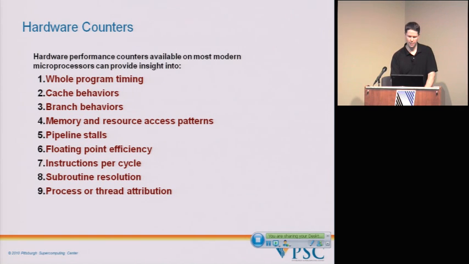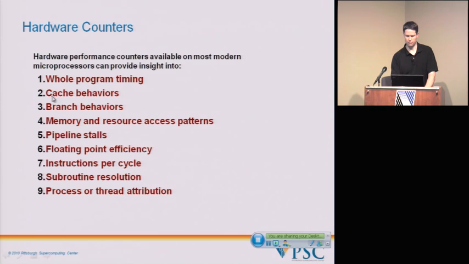So we talked already about hardware counters. These can be used to help us figure out if we're not getting, for example, the floating point efficiency that we want. We can try to figure out why that is.